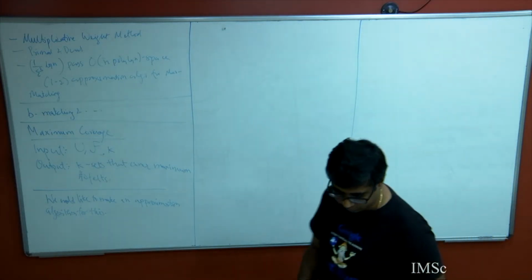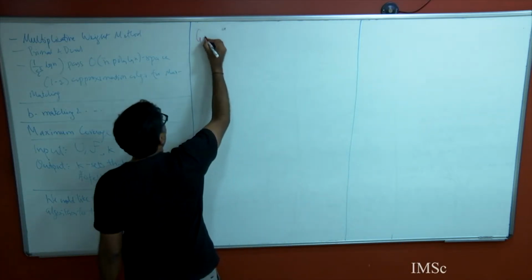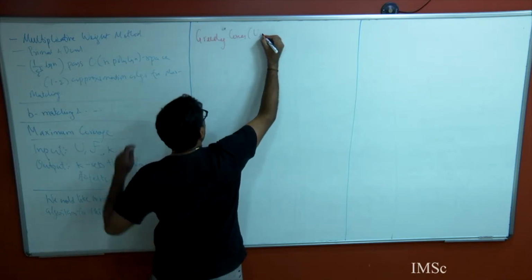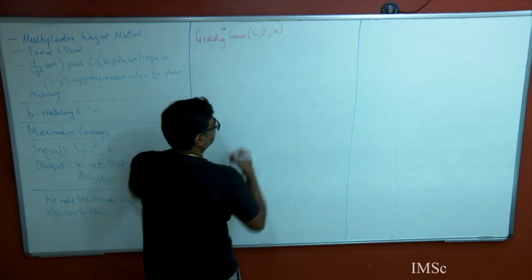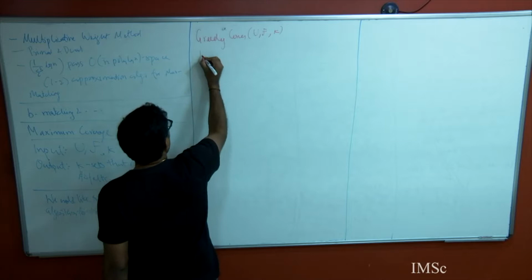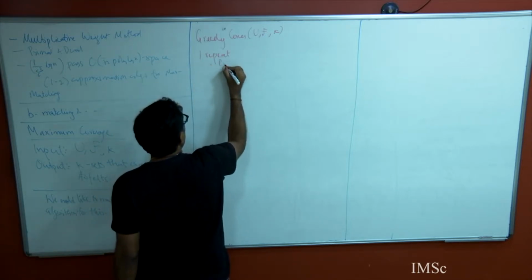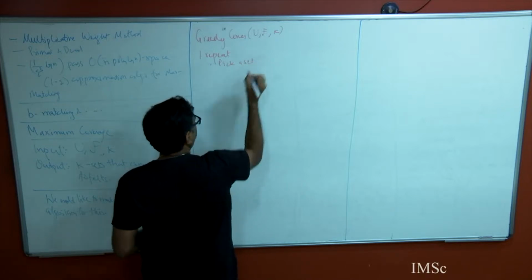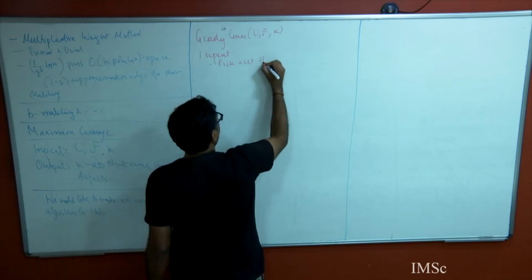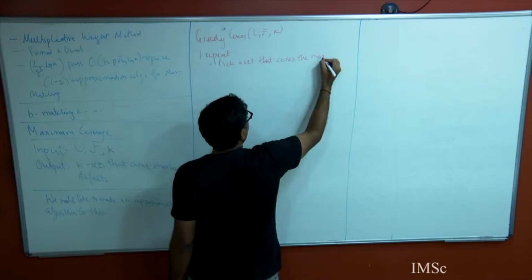So here is a greedy algorithm. Let's call it greedy cover (U, F, k). What do we do? Repeat: pick a set that covers the maximum number of uncovered elements.